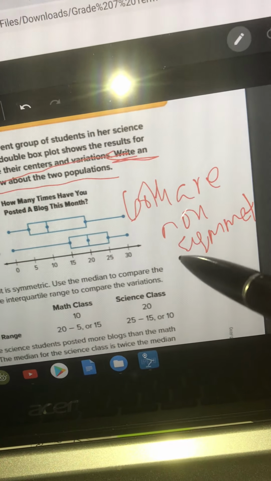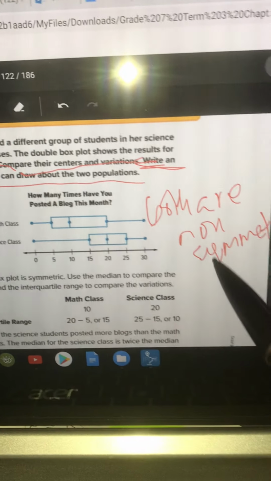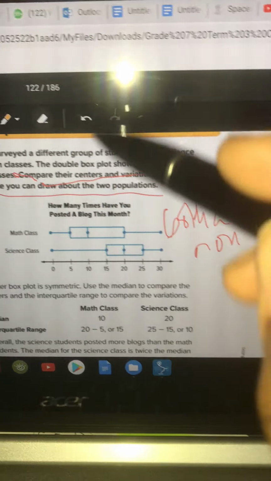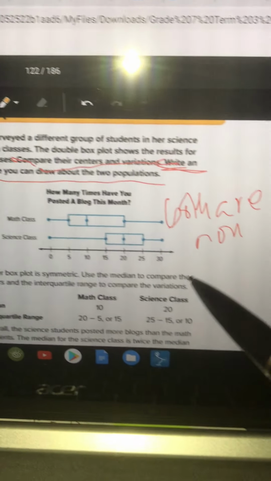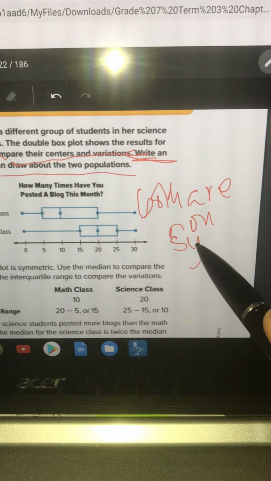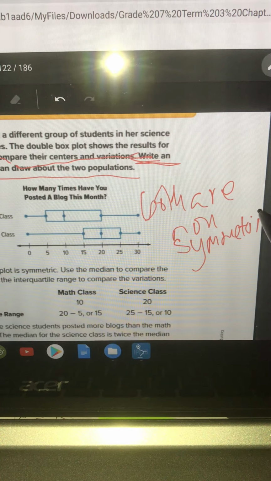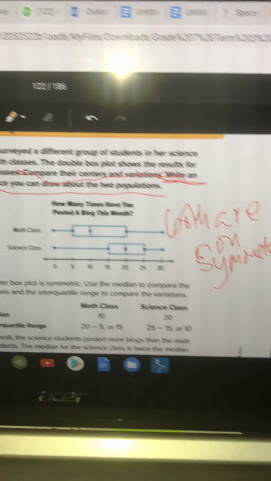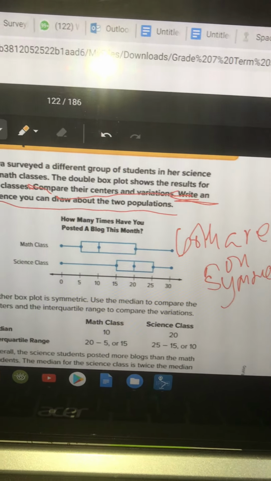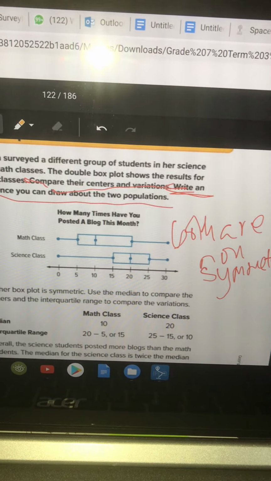Step 1 is you find whether they are symmetric or not symmetric. Both of them are non-symmetric, so I will do the median and interquartile range.